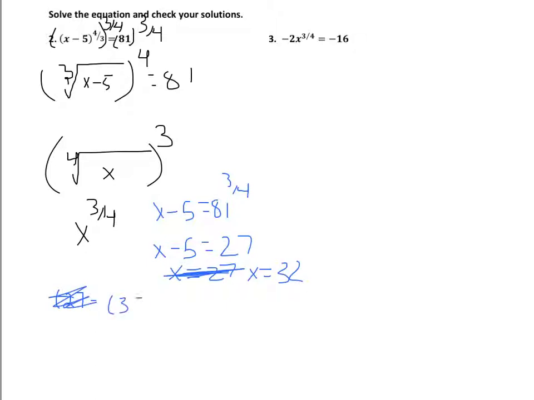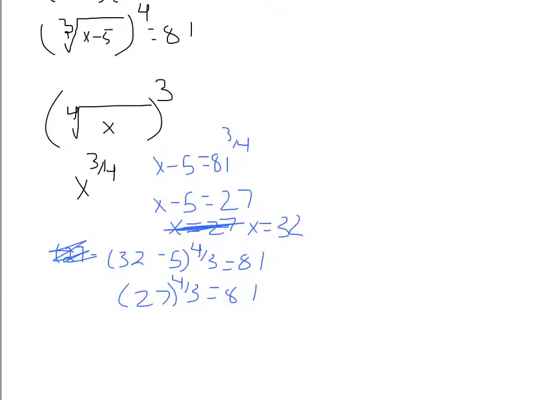So 32 minus 5 to the 4/3 equals 81. 27 to the 4/3 equals 81. Well, that would be 3 to the 4th. So 81 equals 81. So it works out. Okay?